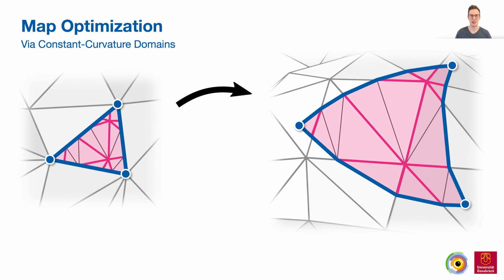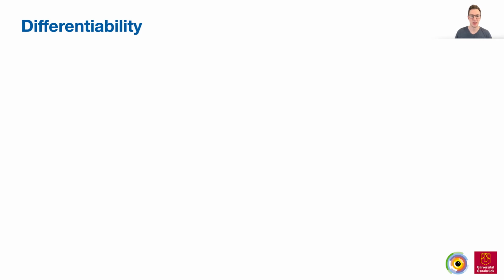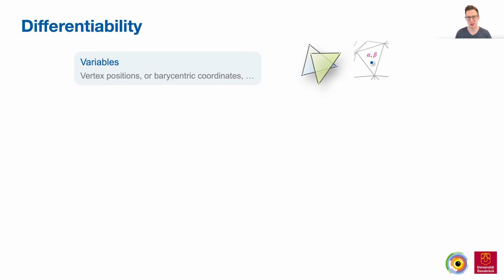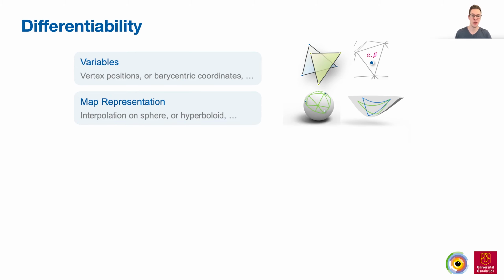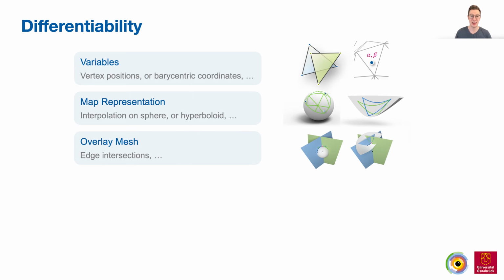The only big caveat is differentiability. Think of the chain of all the computations that we perform. We start with our variables, for example, vertex positions in some intermediate domain. Based on these, we establish the formulas needed to map points from A to B, and this might require interpolating on the sphere or in the hyperbolic plane. Then we turn this pointwise map into an explicit piecewise linear form.